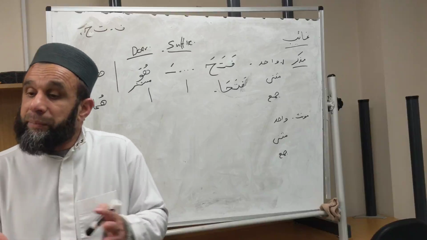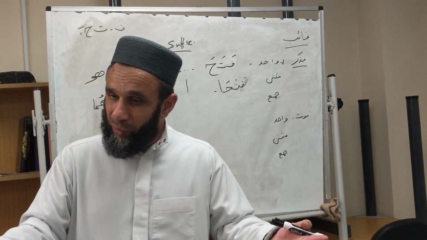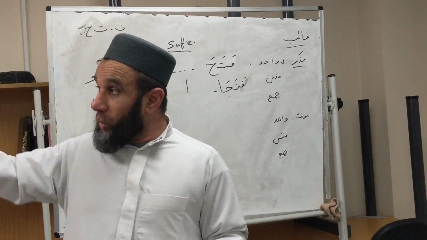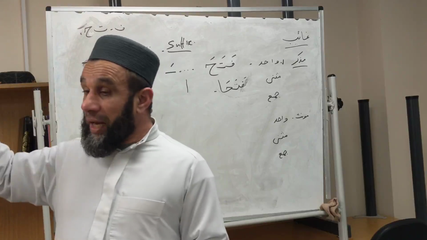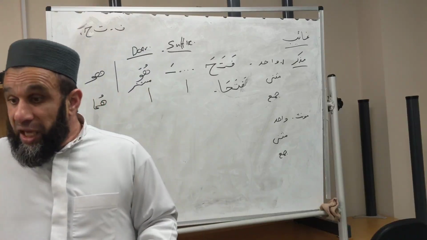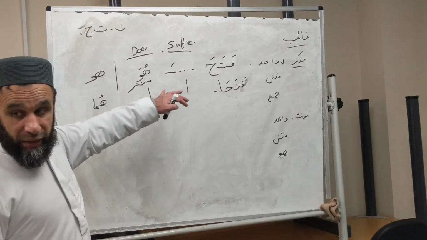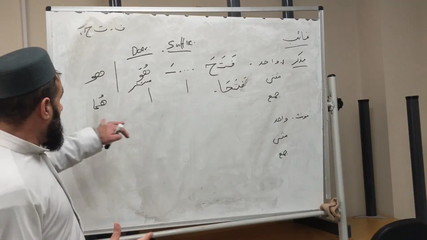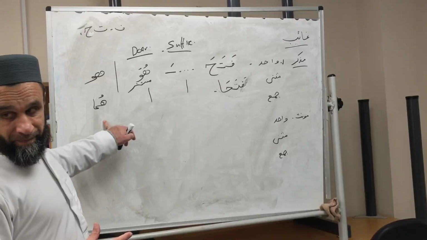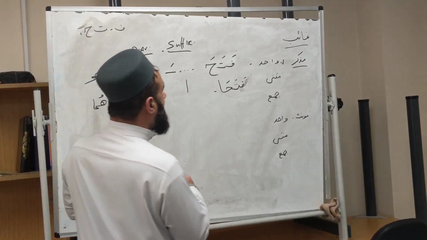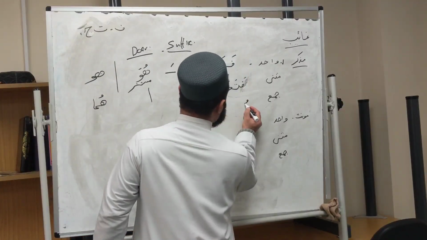But it is representing huma, they two. The zamir that is being corresponded to is huma. Next one is Fataha.